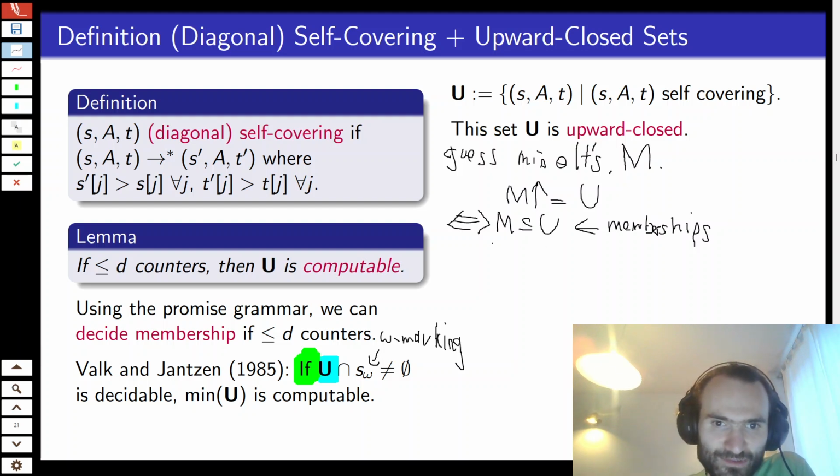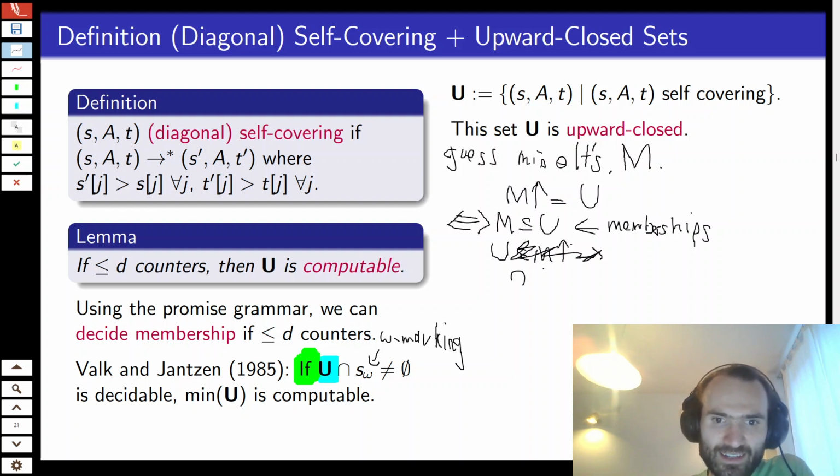And the other thing we need to do is U included in M upward closure, or equivalently, we need to show that, we write this differently.